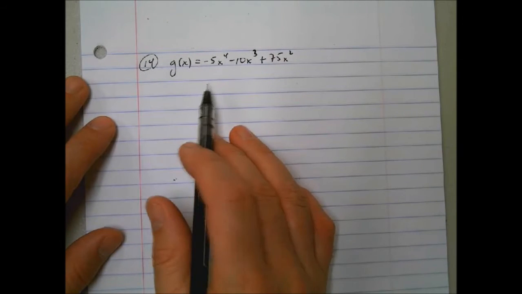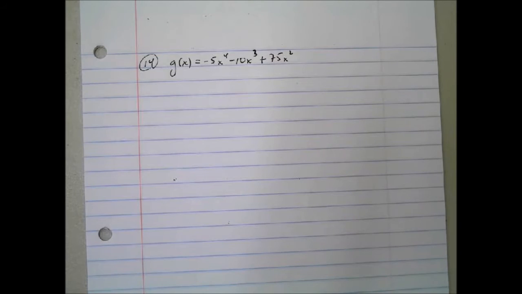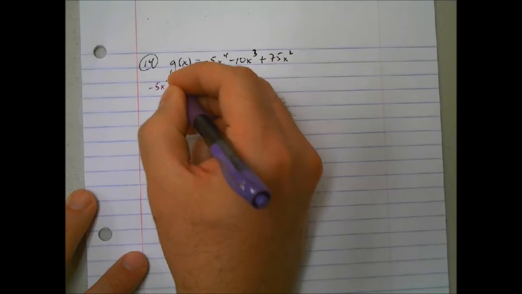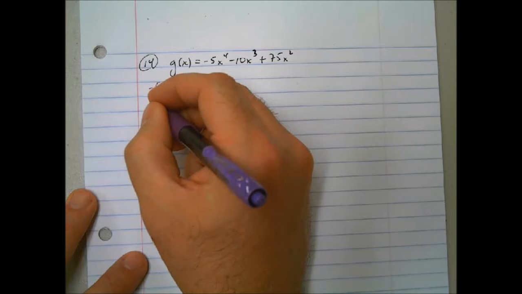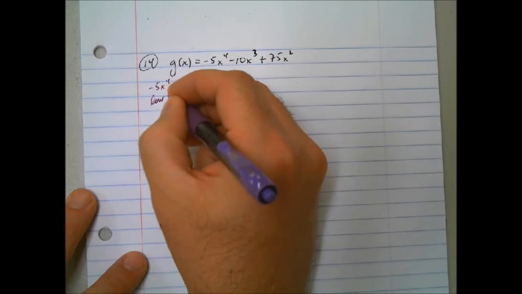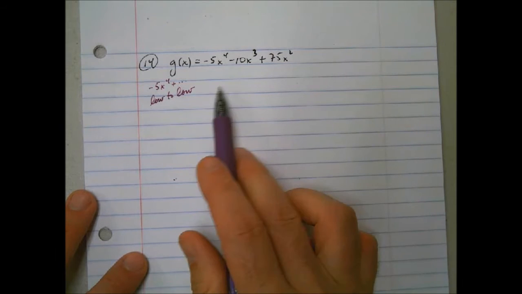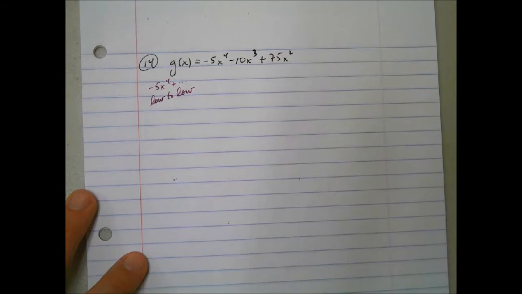Well, it's already multiplied out, so we can already see it's a negative 5x to the fourth. So it is a low to low. By the way, if we plug in zeros for all the x's, we can see that the y-intercept is 0.